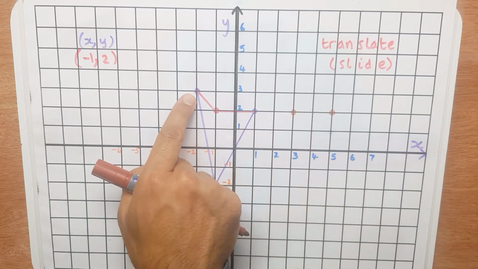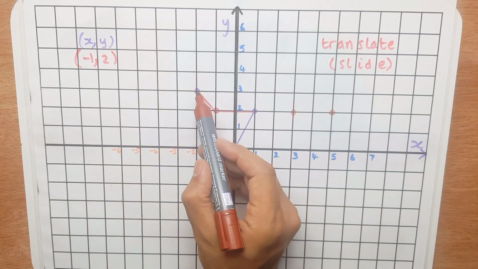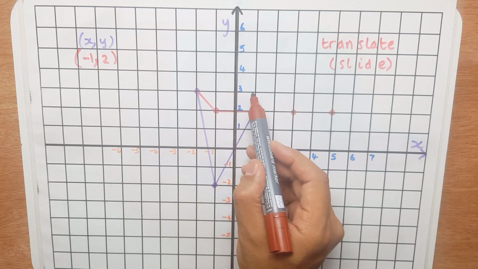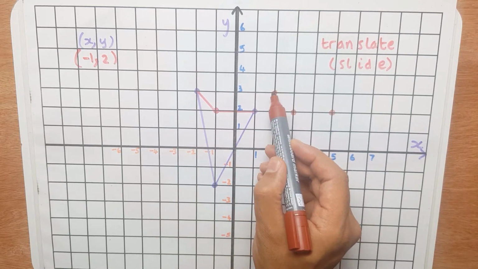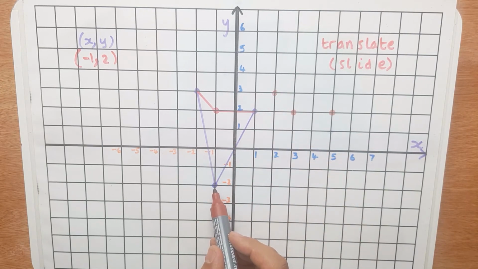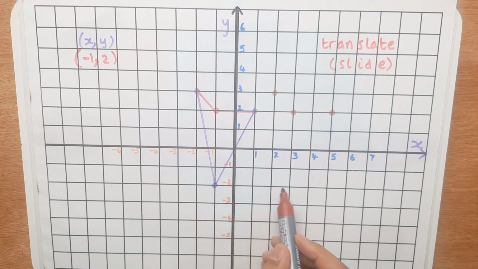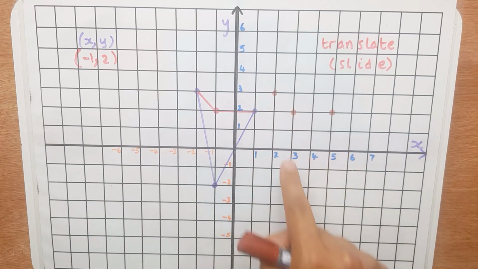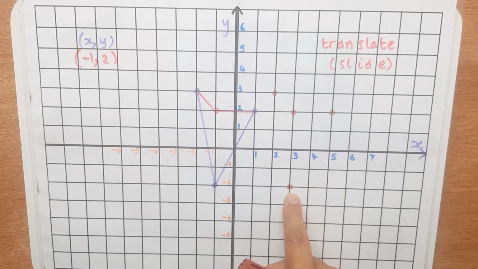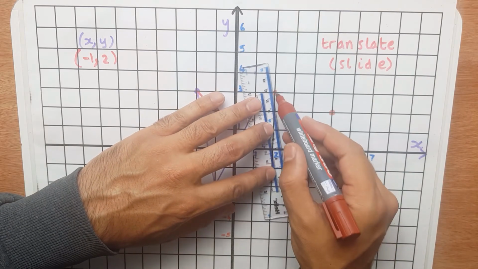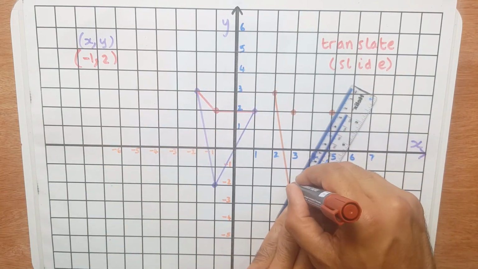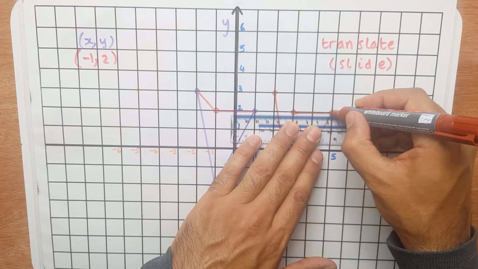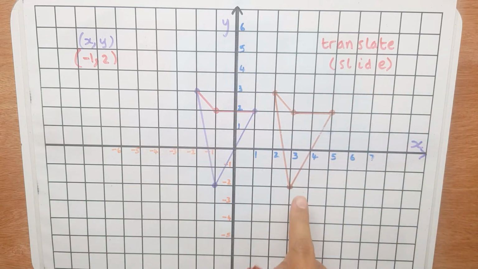The same with this third vertex or corner. 1, 2, 3, 4. And finally this 4th vertex or corner. 1, 2, 3, 4. Now I have my 4 points and I simply join them up. Now that's what the translated shape looks like.